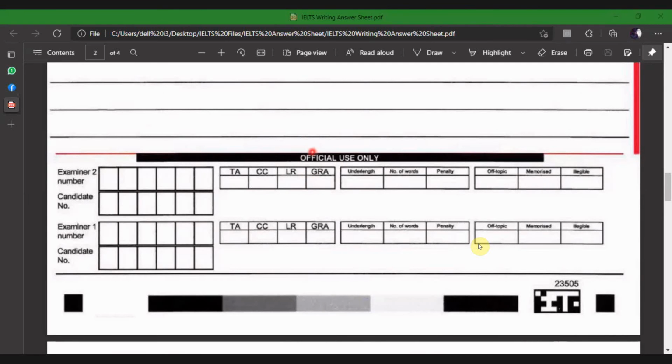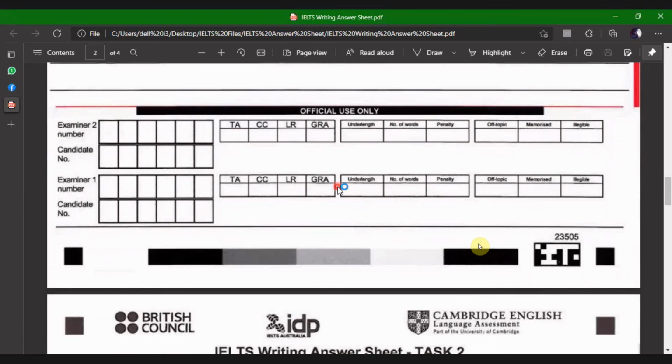Okay. So this time, hold on. Let me open my copy for online so I can share it with them as well. But going back to what I was saying earlier, this is task 1. Your task 1 first marking criteria is called TA, task achievement.